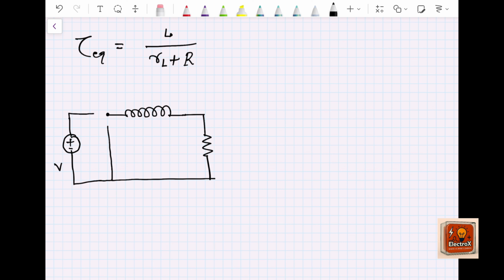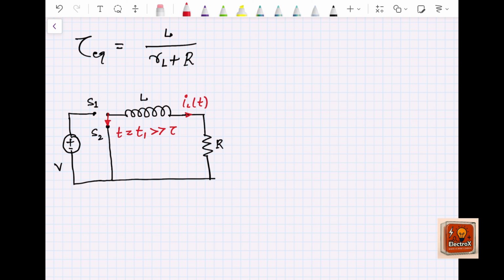So this was connected to the switch S1, and now it is connected to S2. Let us say the time of the switching instant to S2 is T1, which is larger than the time constant tau.